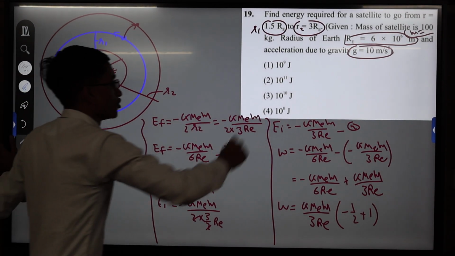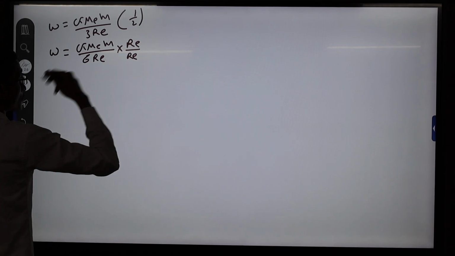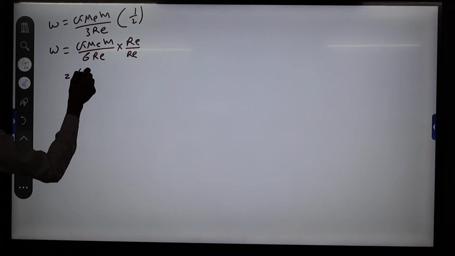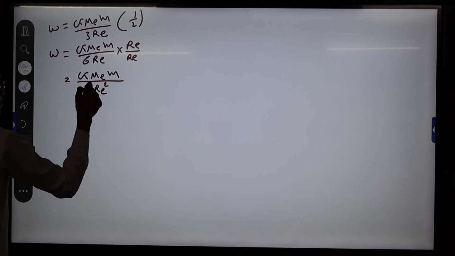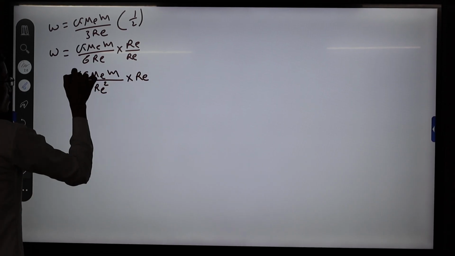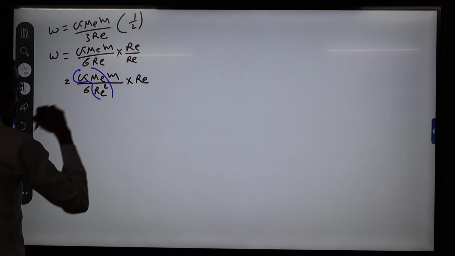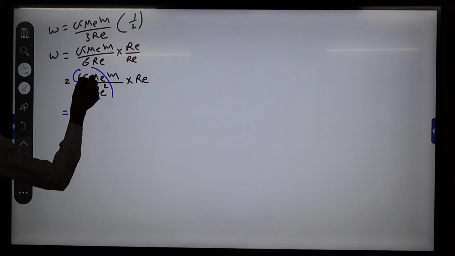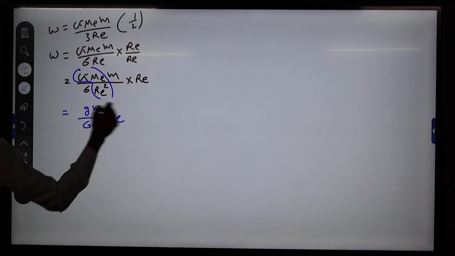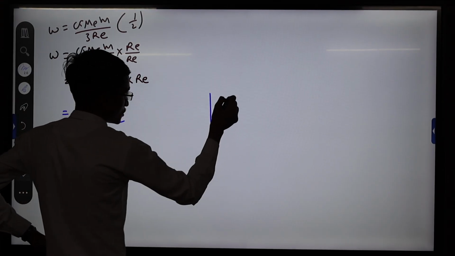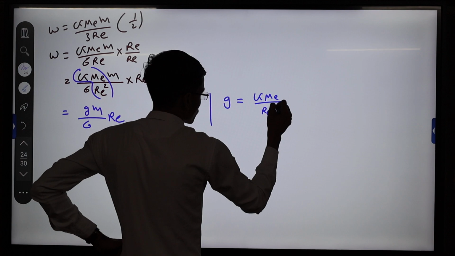Here we have the value of g, so we can multiply and divide by R. So this will become GM upon 6R square into R. Look, GM upon R square we can write as g. Gravitational acceleration g is equal to GM upon R square.